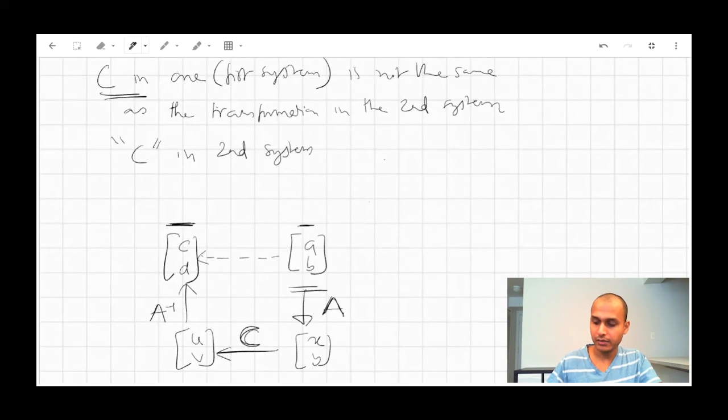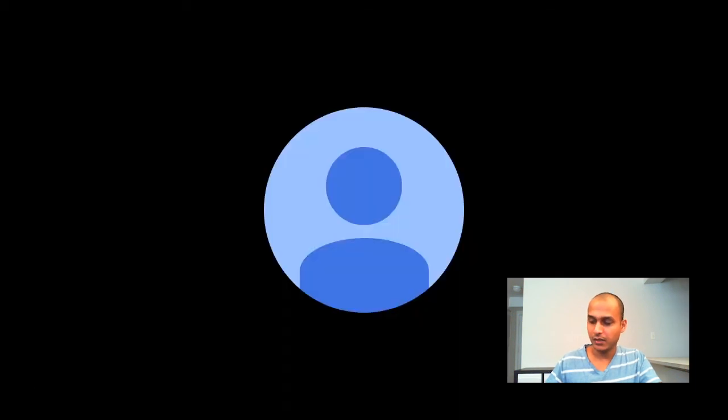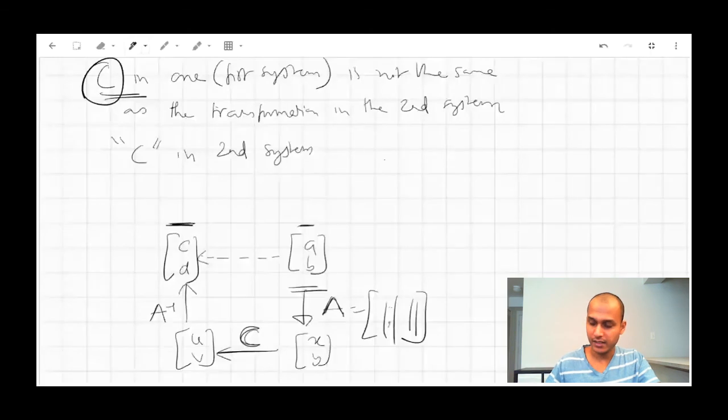And to get from the input vector to the output vector, using a transformation which was specified in the first system, you have to go to the first system through A. Remember, A was just a collection of the second system's basis vectors in terms of the first system. Go to the first system, apply the transformation C, and then apply the inverse transformation to get back to the original system.